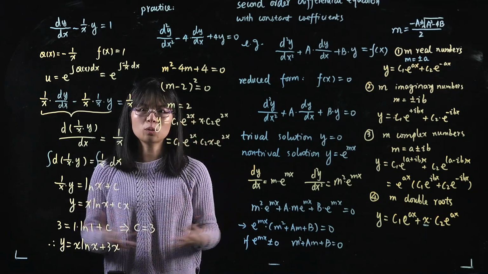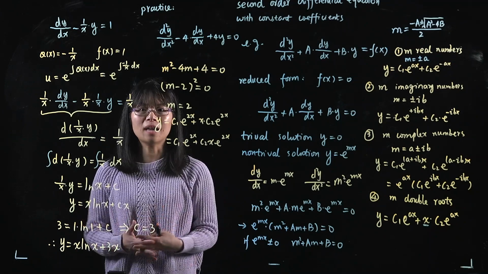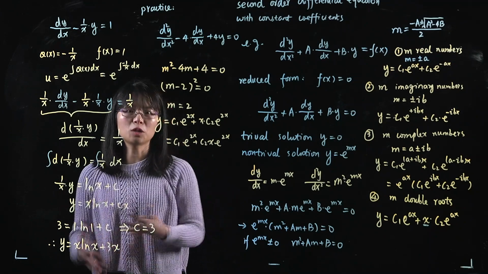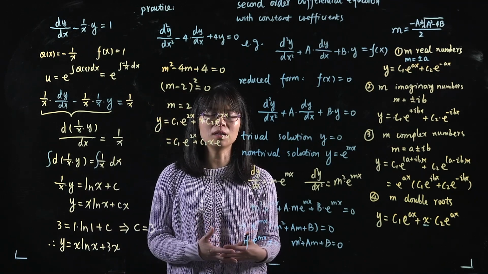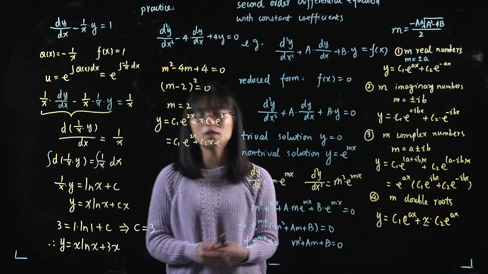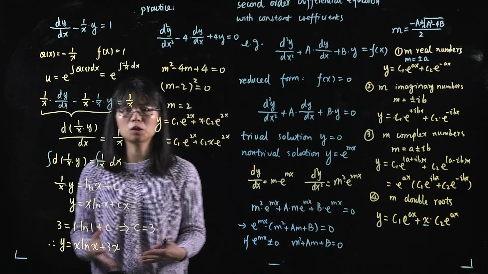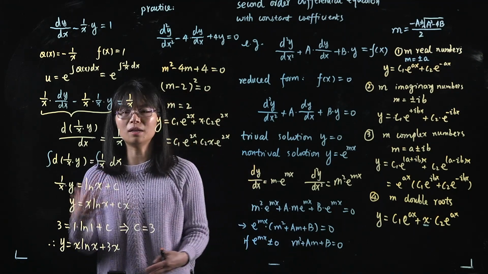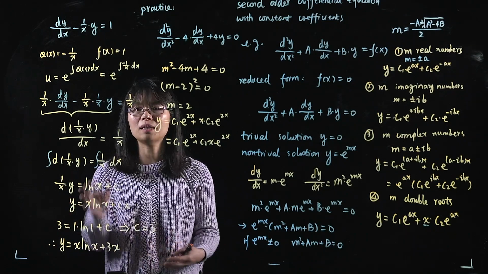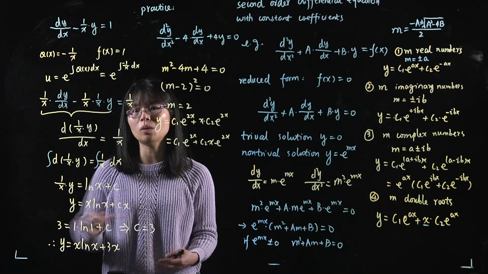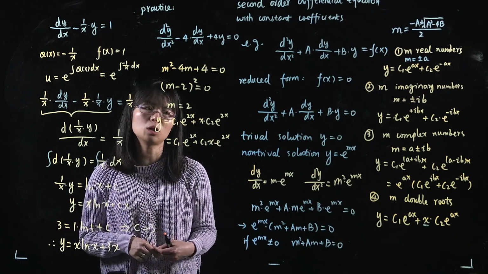So to summarize what we have done today, we learned how to solve first order differential equations and some fundamentals about solving second order differential equations. In the first order scenario, we learned about the reduced form and the non-reduced form, and the integrating factor u is the key to solving that type of equation.